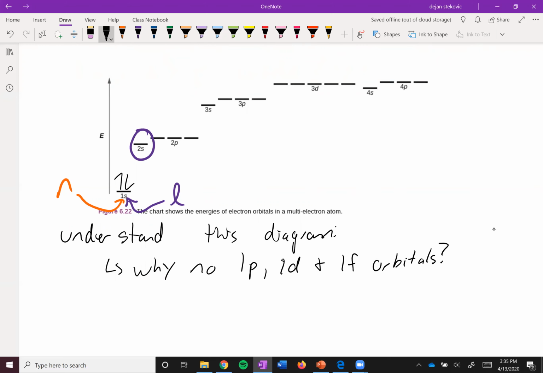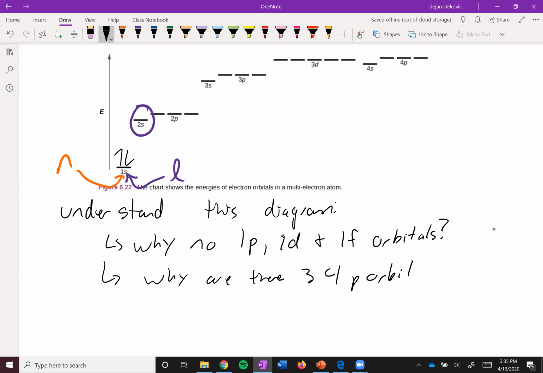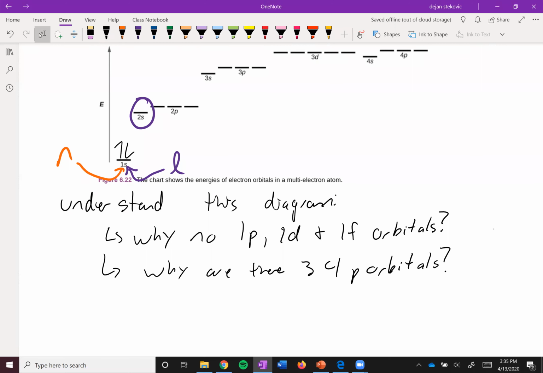Think about what the letter designations of l mean, and what the allowed values of these are. Another question: why are there 3 4p orbitals? Why are there 3 of them? Think about what determines how many orbitals you have and what that value looks like.